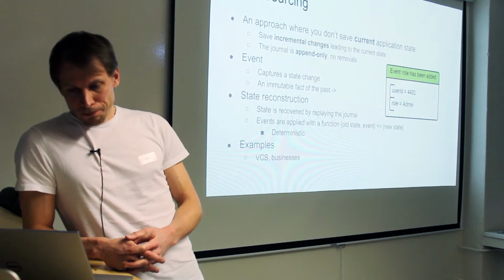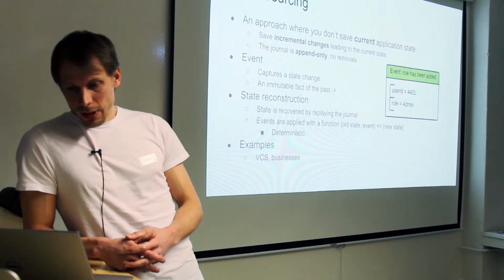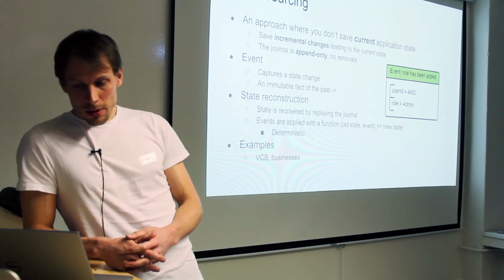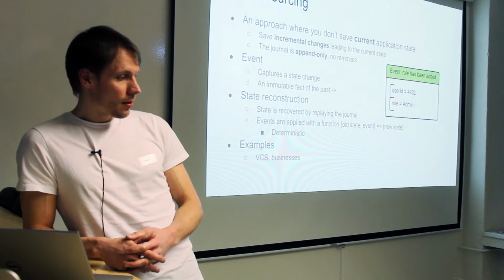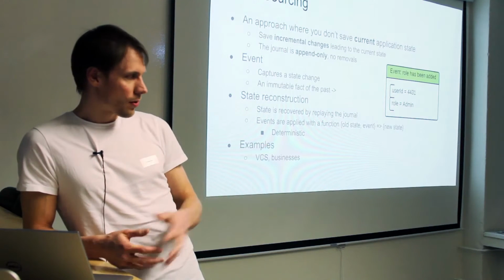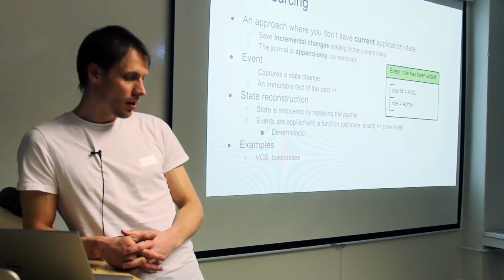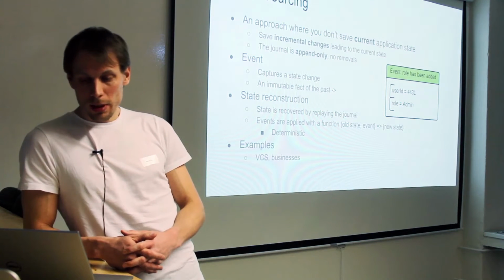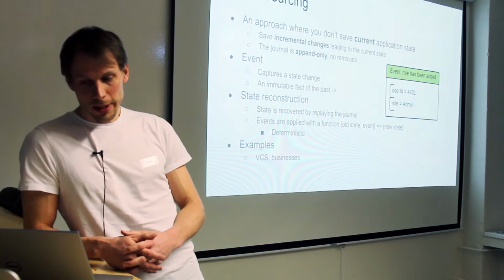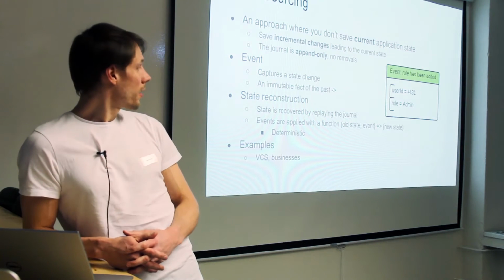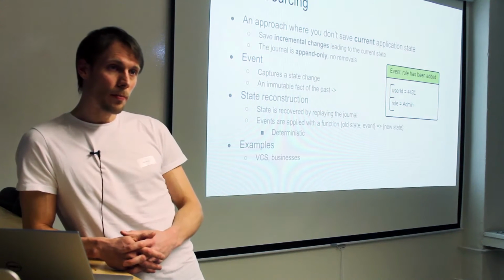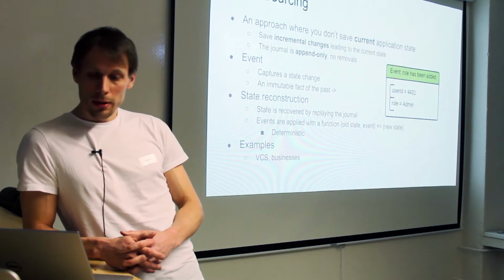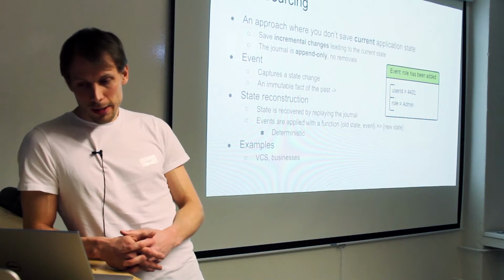The next concept is the reconstruction of the state. So state is the current state of an application. Suppose you have started and need the current state, it is reconstructed by replaying the journal, replaying all the events that were stored into the journal sequentially, and applying them to the state one after one.